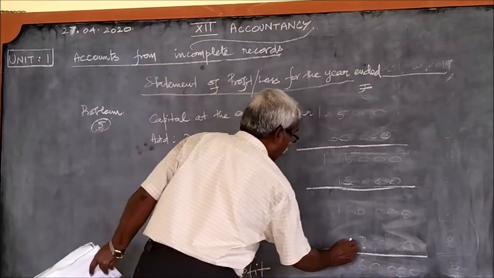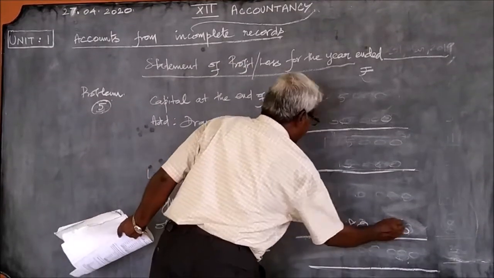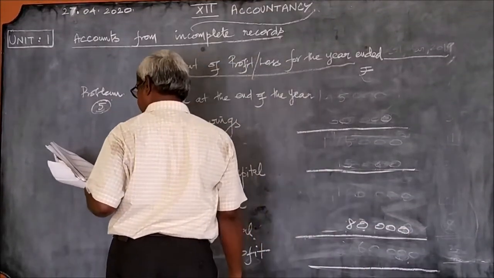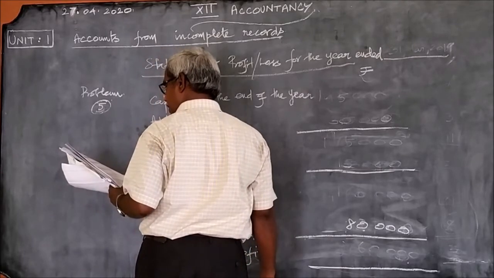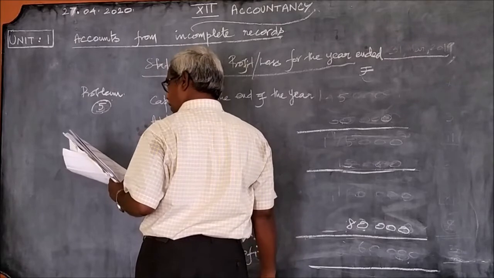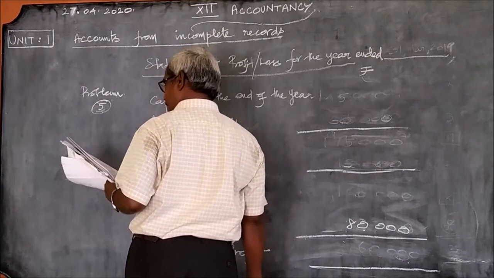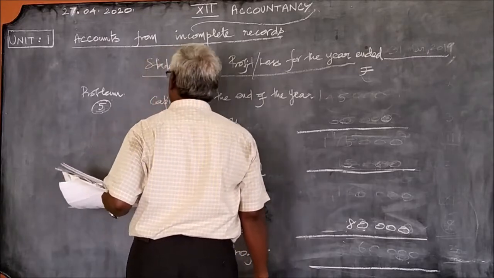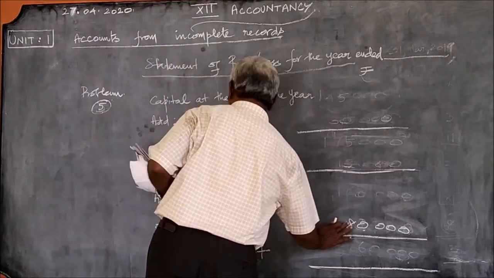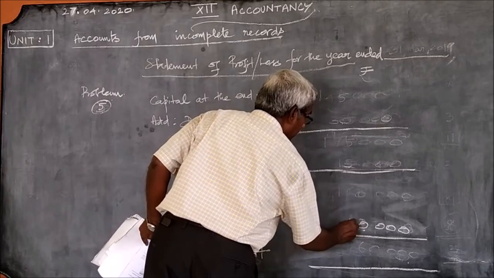So it is the opening capital, 40,000, only 40,000, not 80,000.